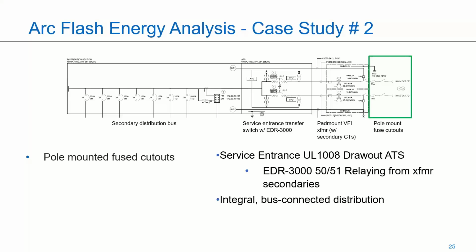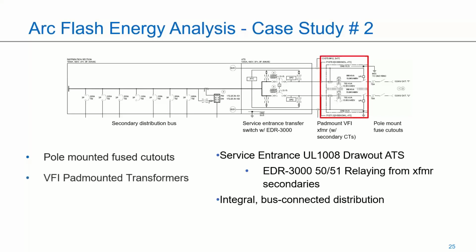So it would be using a fuse to avoid nuisance operations, considering all the other customers it might be feeding. So it's more loosely coordinated to be able to handle that transformer inrush. So it will interrupt eventually, but does not have that speed that we were talking about earlier to eliminate some of the arc flash, or create those arc flash safe zones, I should say.